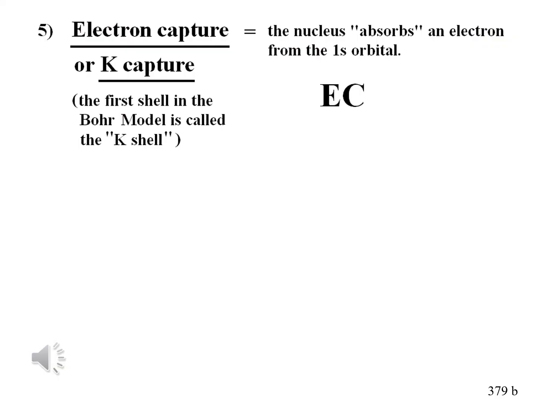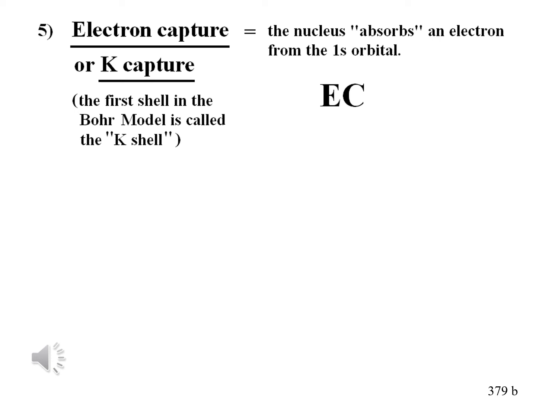The last kind of radiation process I want to talk about is called electron capture, which the Handbook of Chemistry and Physics abbreviates EC. The way this works is that you know that the electrons in the 1s orbital, the first shell, are very close to the nucleus.